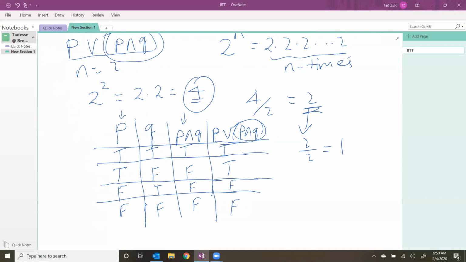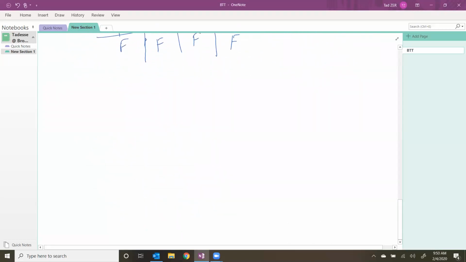I hope that's clear. Now let's say, what if I have 3 variables, let's say P, Q, and R. So now I have n equal to 3. If n equal to 3, what does that mean? 2 to the power of 3. As I told you, it will be 2 times 2 times 2, which is 8.